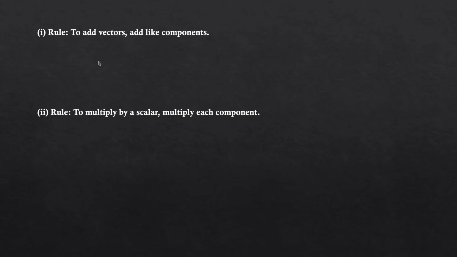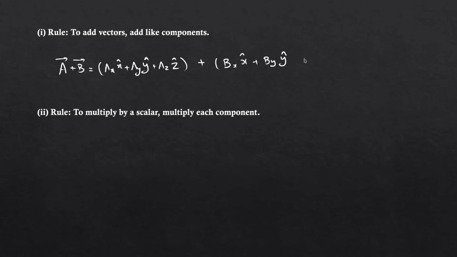By that I mean, if you want to add a vector A and vector B, you write it in the component form: ax x cap plus ay y cap plus az z cap plus bx x cap plus by y cap plus bz z cap.